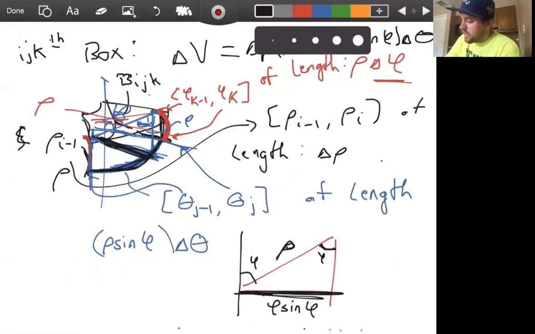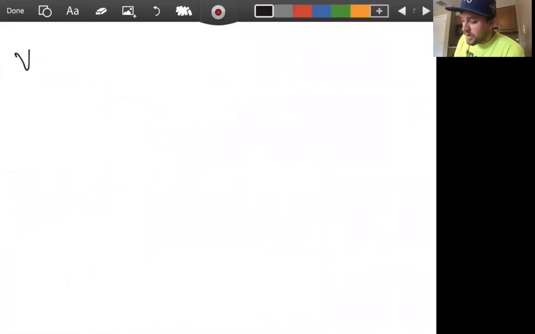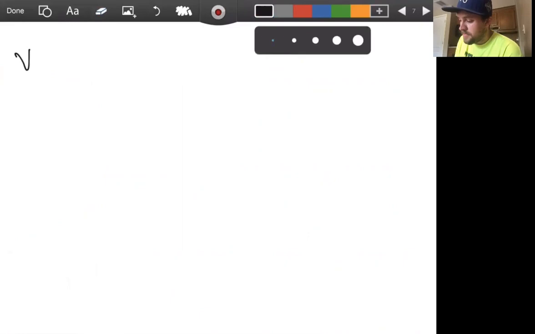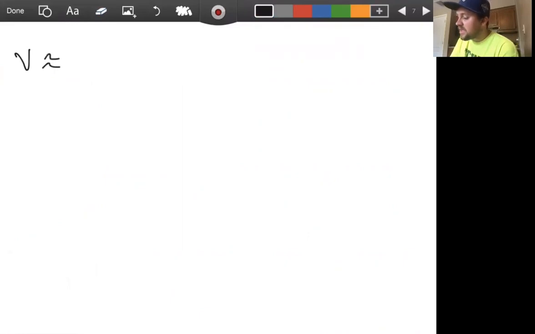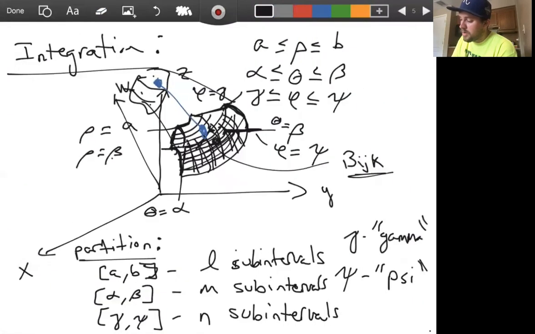And therefore, this volume that we're trying to calculate is approximately the height here. But what is this height, right? Well, we need our sample points again. So we have some sample point in every sub-box, and we look at the value of the function over those sample points. That gets us the heights to calculate our approximate volume.